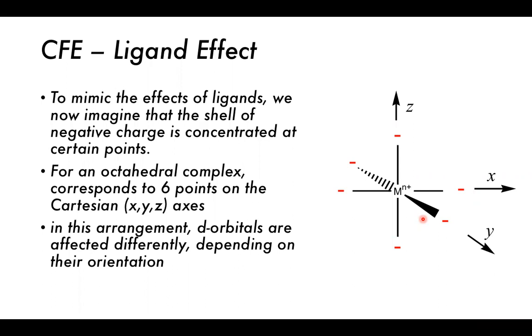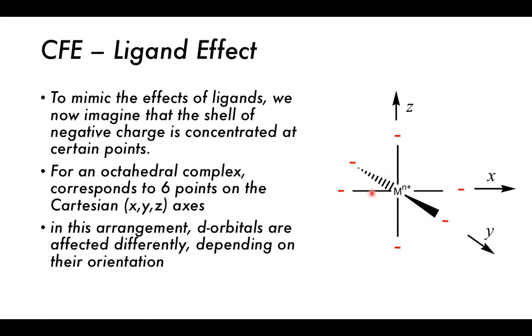So to mimic the effect of ligands, we now imagine that the shell of negative charge is concentrated at certain points. For an octahedral complex, this corresponds to the 6 points on the Cartesian axes. So we've got the Z top and bottom, X right and left, and Y front and back.